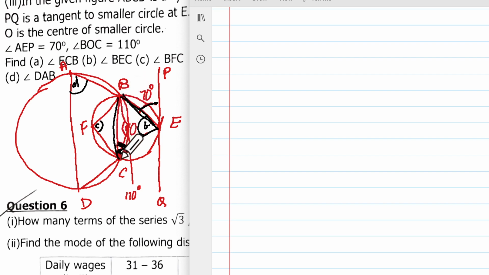Isn't it ECB? So statement number 1, what you'll say? Angle ECB is equal to angle BEP, equal to 70 degrees.